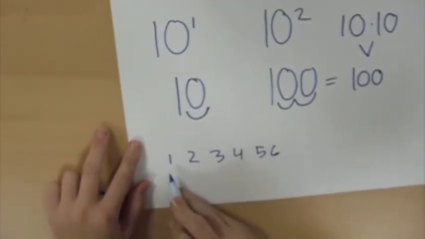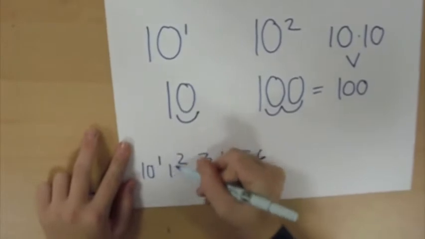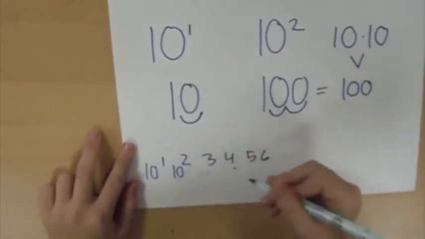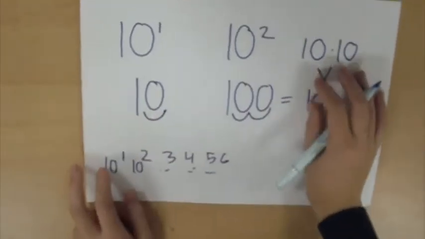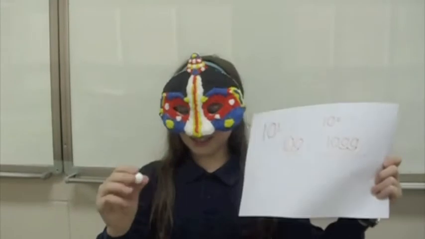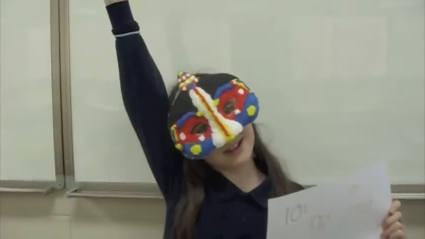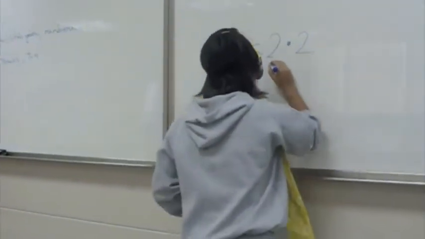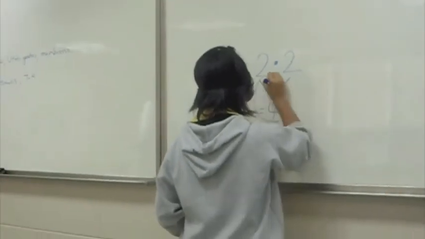You can do this trick with exponents of any number you want. So that is the trick of the 10 in the decimal spot. This is the power of the decimal. It's able to change a whole number entirely. 2 squared is 2 times 2, which equals 4.